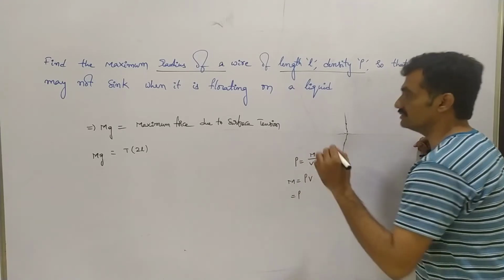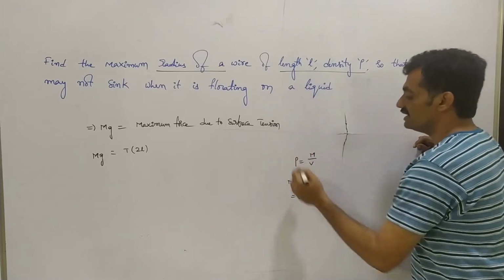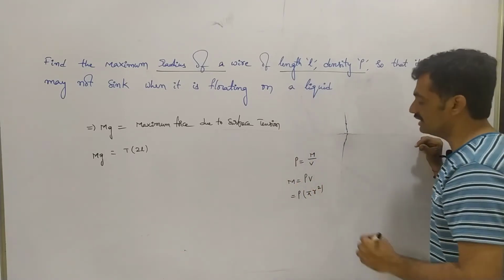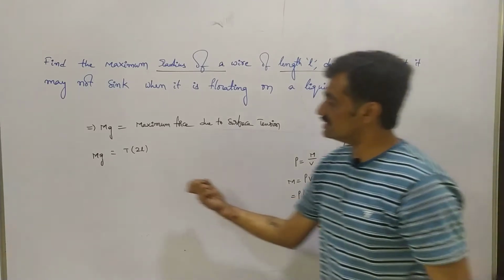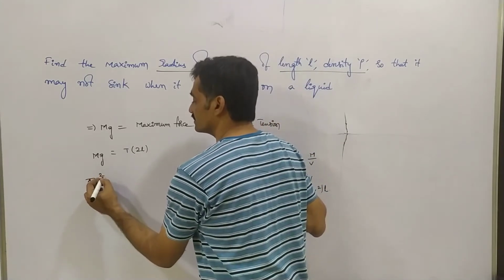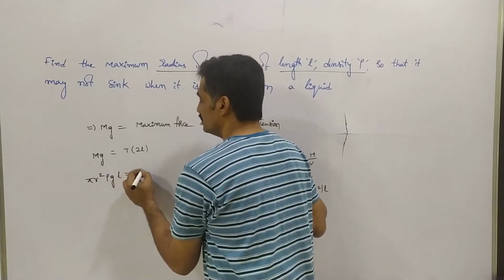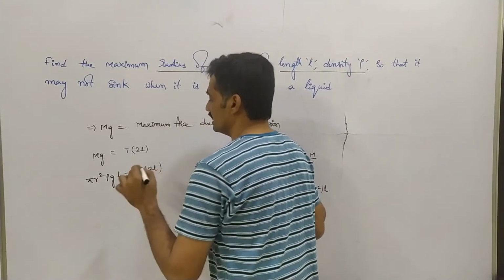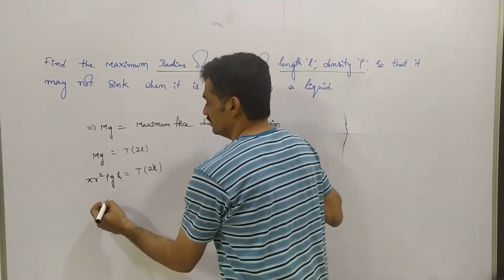Since it is a wire, the area of the wire is represented in terms of radius as pi r square, into the height of the wire, nothing but L. As we substitute this in the equation, it can be represented as pi r square rho g L is equal to T into 2L. After that, L gets cancelled.